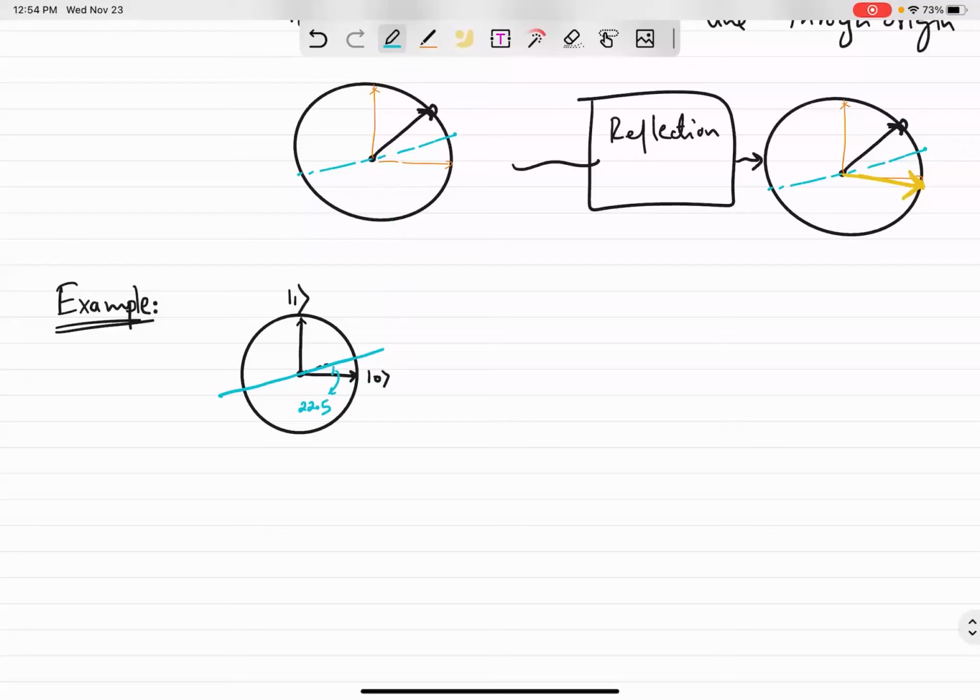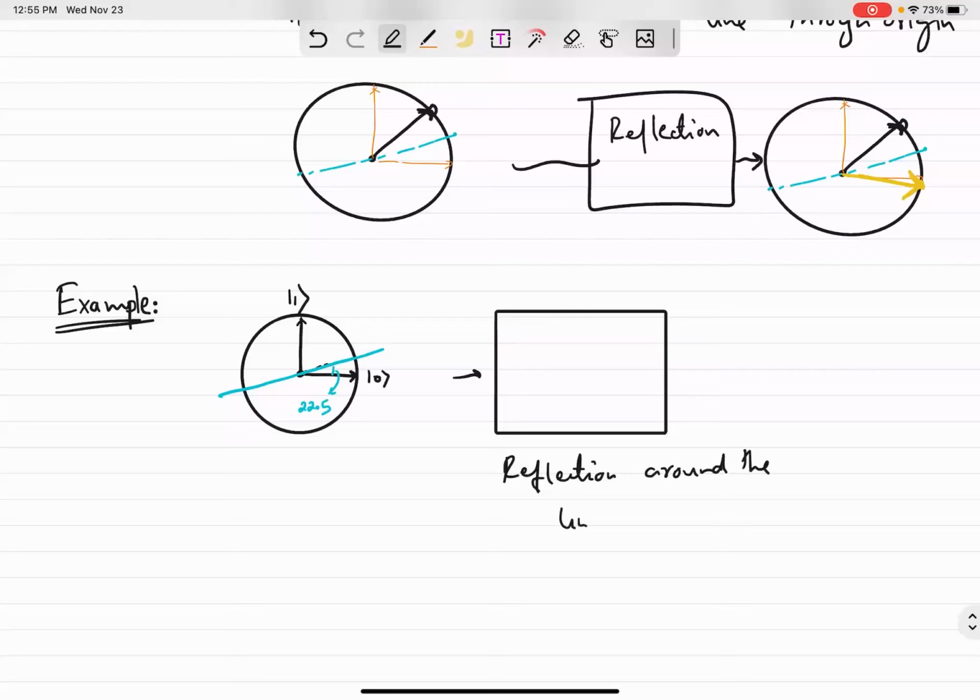The reflection around this line is a very important operation. So reflection around the line with angle 22.5 degrees.